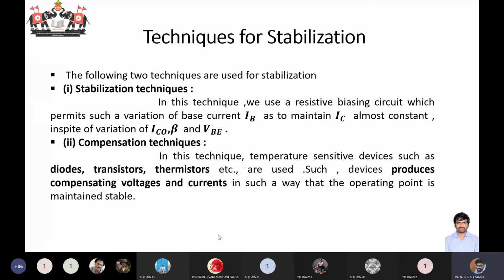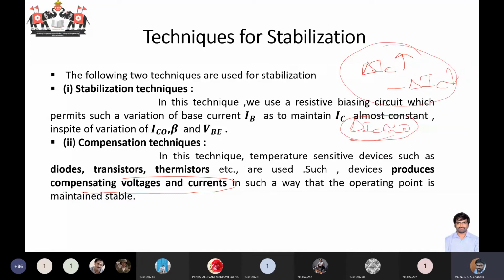So let us say there is a delta IC which is increasing, they will produce compensating voltage and current such that there will be an additional minus delta IC, or a decrease. So overall delta IC will be nearly equal to 0.